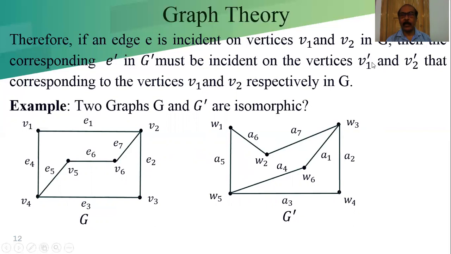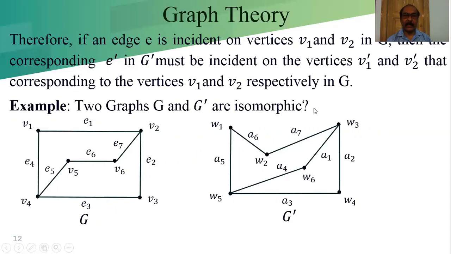That means V1 dash corresponds to V1 and V2 dash corresponds to V2. Now, if V1 dash corresponds to V1, both vertices have the same degree. If V2 dash corresponds to V2, then they have the same degree.